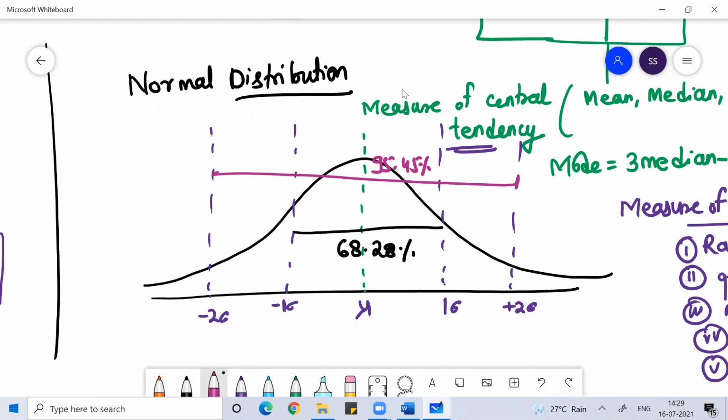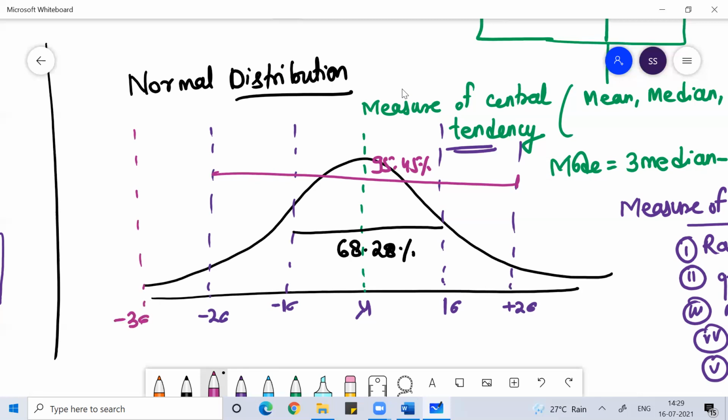This is how the data is aggregated. The majority of the data will be within plus minus one standard deviation only.